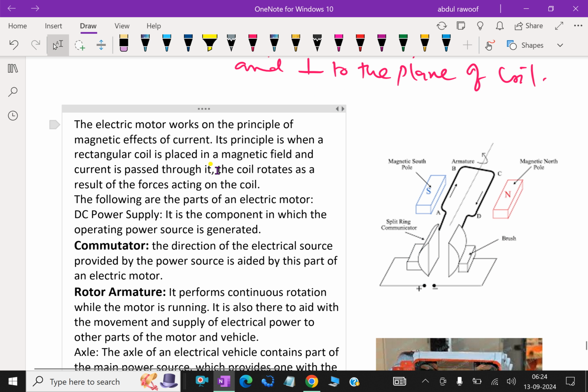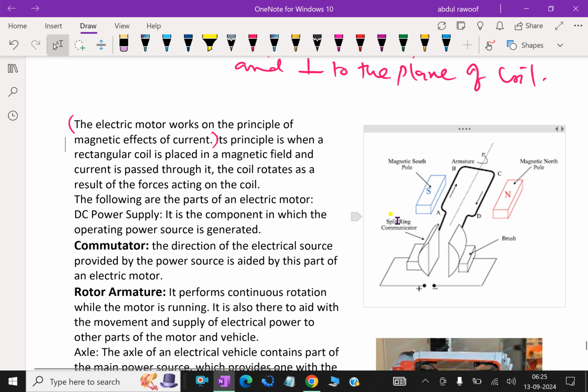An electric motor works on the principle of the magnetic effects of current. Its principle is that when a rectangular coil is placed in a magnetic field and current is passed through it, the coil rotates as a result of the forces acting on it.